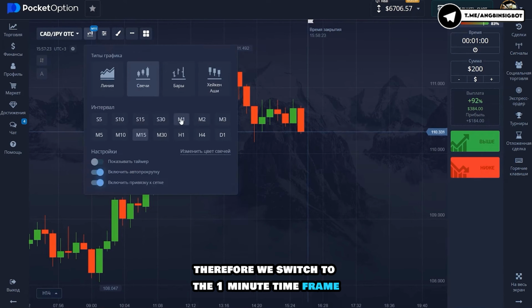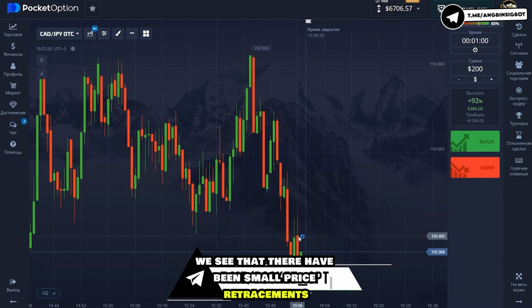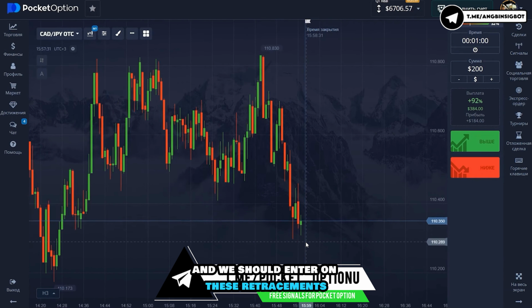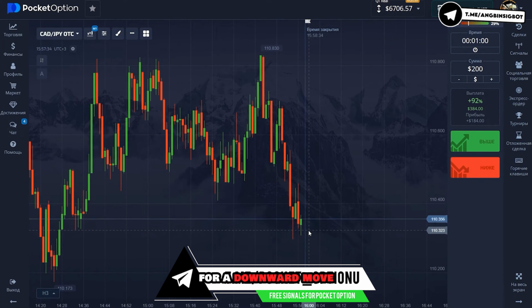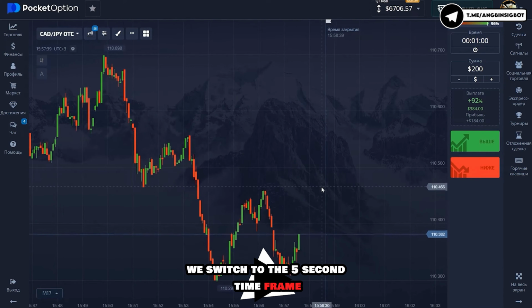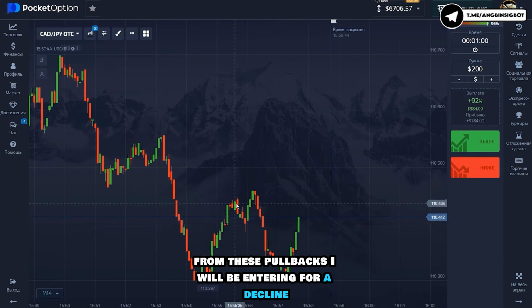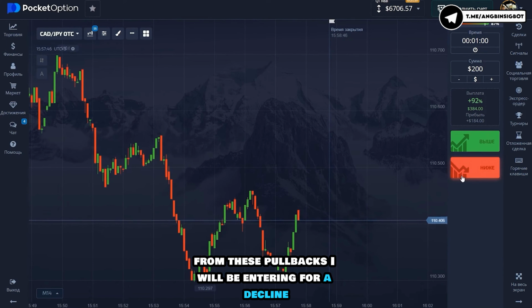Therefore, we switch to the 1-minute time frame. We see that there have been small price retracements, and we should enter on these retracements for a downward move. For a better entry point, we switch to the 5-second time frame, and we can already clearly see our price rises and pullbacks. From these pullbacks, I will be entering for a decline.